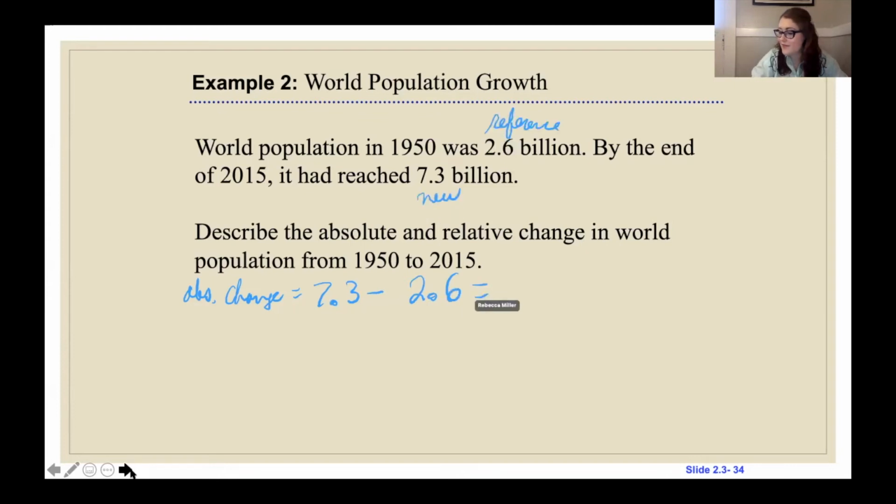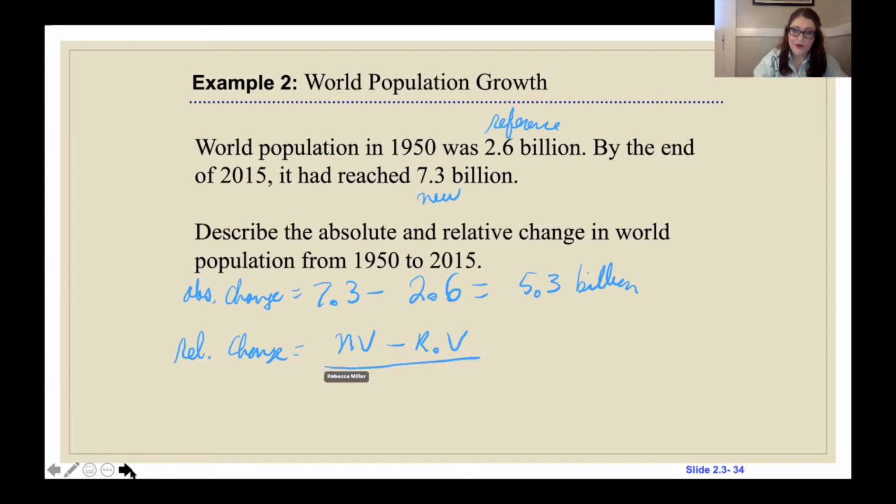That's going to give me 5.3 billion. My relative change is going to be my new value minus my reference value over my reference value times 100.